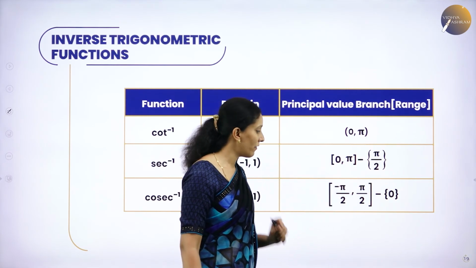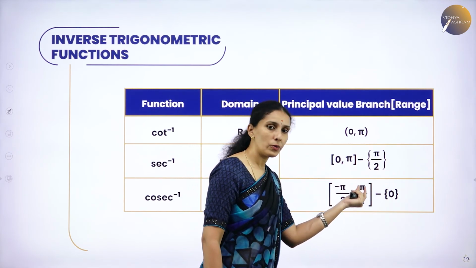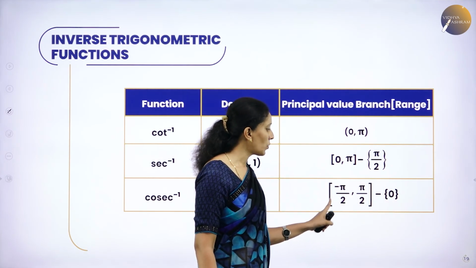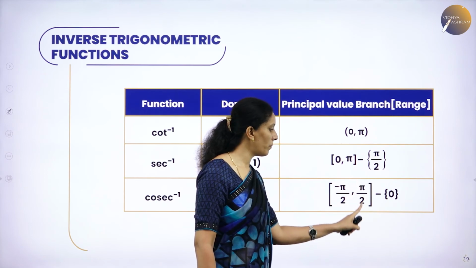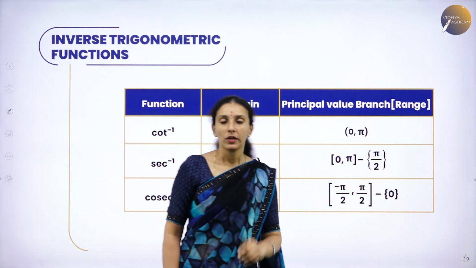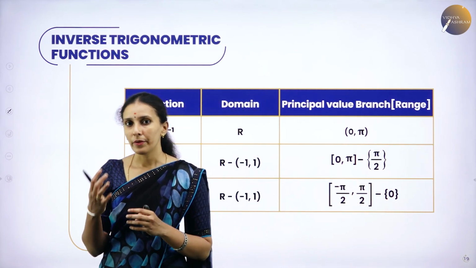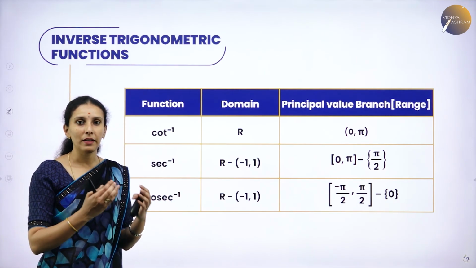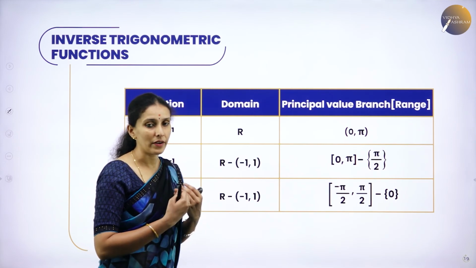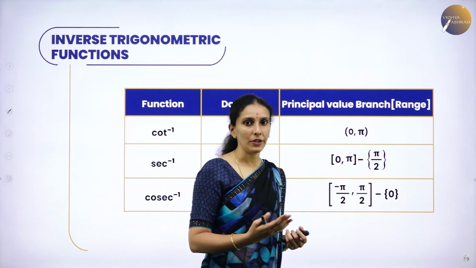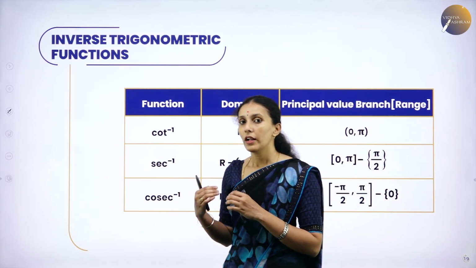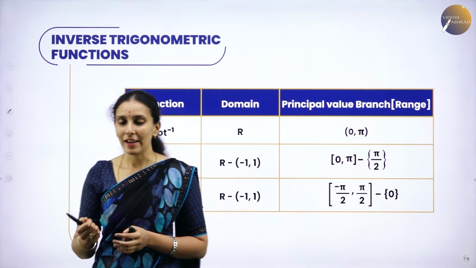Similarly, for cosecant, it is -pi by 2 to pi by 2 except 0. That is why we have taken [-pi by 2, pi by 2] minus {0}. They may ask you a one mark question on the principal value branch: write the principal value branch of cos inverse, write the range of sine inverse, or write the domain of tan inverse.